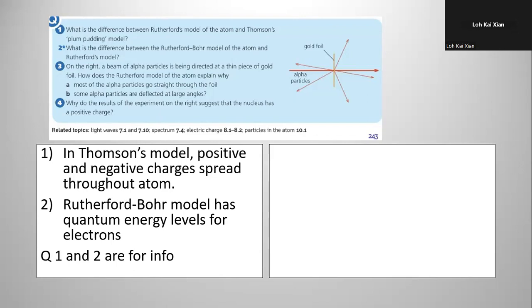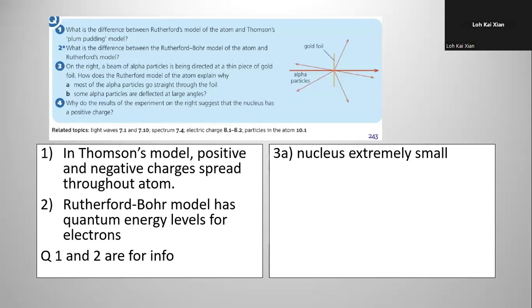Okay, so most of them will not have contact with the nucleus. The nucleus is extremely small. So most of the alpha particles don't come near the nucleus at all. That's why they go straight through. Just now we looked at the size of the atom.